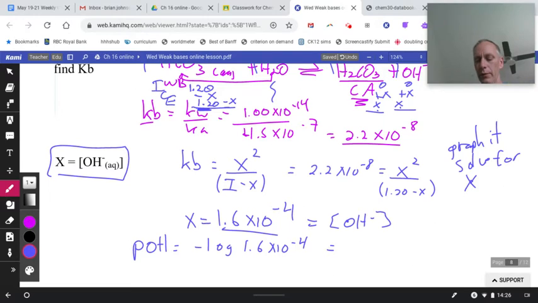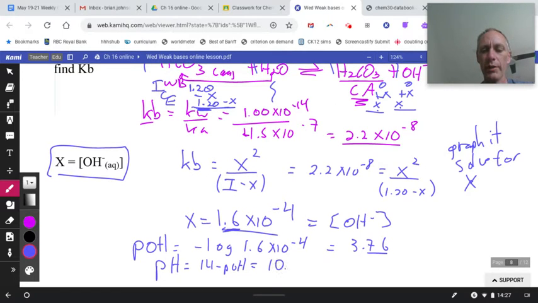Okay, so negative log of 1.6 times 10 to the negative 4. 3.76. 2 decimal places for 2 sig digs. Okay, pH is 14 minus pOH, which will be 10.24.